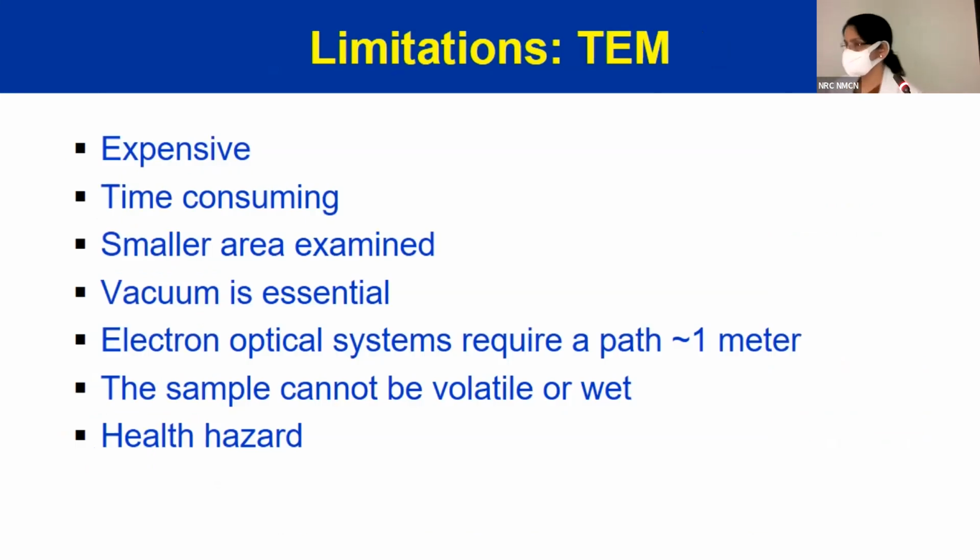What are the limitations? The limitations appear to be obvious. It is a very expensive instrument. What do you think would be an average cost of an electron microscope? A basic light microscope, what is that? $1 lakh approx. Okay, depending of course on the type of lenses.